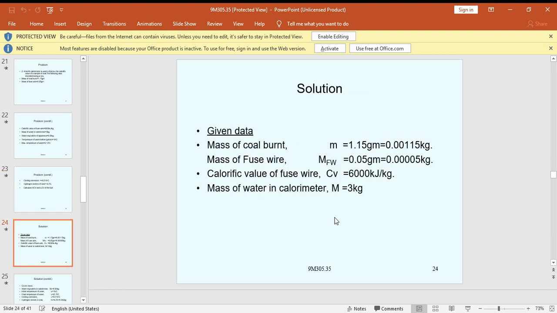Calculate the HCV and LCV. Given data: mass of coal equal to 1.15 grams, 1.15 into 10 power minus 3, that is 0.00115 kg. And mass of the fuse MF equal to 0.05 gram, 0.05 into 10 to the power minus 3, 0.00005 kg. Calorific value is equal to 6,000 kilojoule per kg. Mass of water in calorimeter 3 kg.